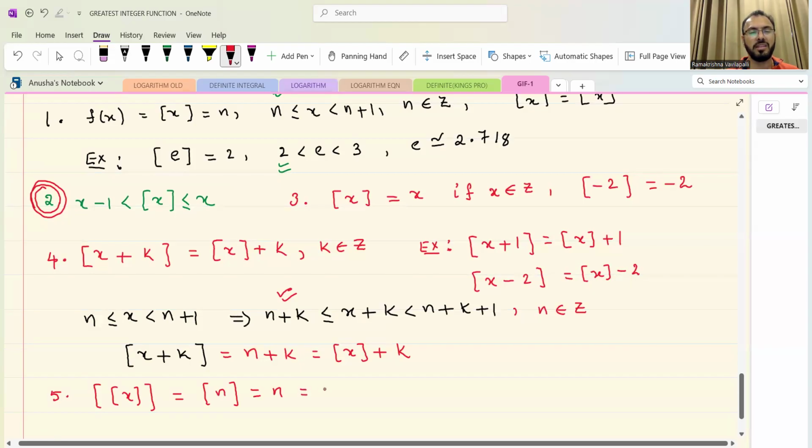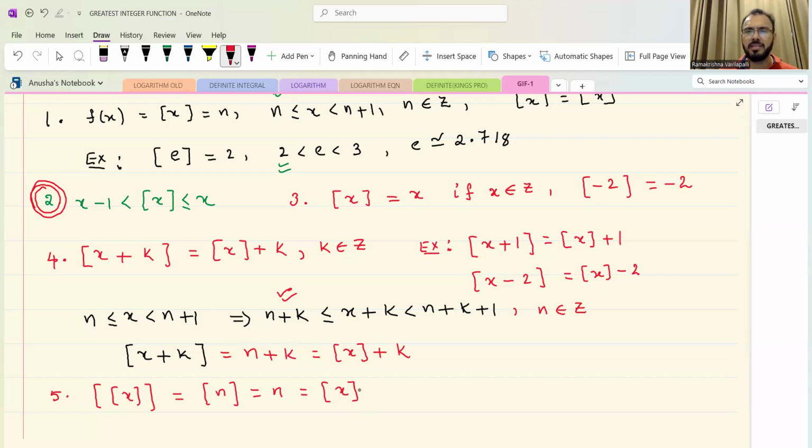So therefore, this is equal to the integral part of x. x is a real number that can always be written as integer plus decimal part. We leave the decimal part and take the integer part. This is property number 5.